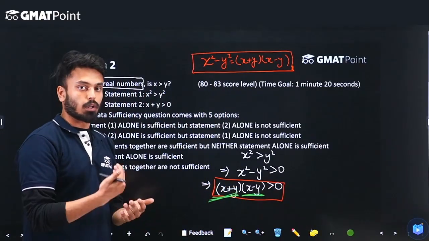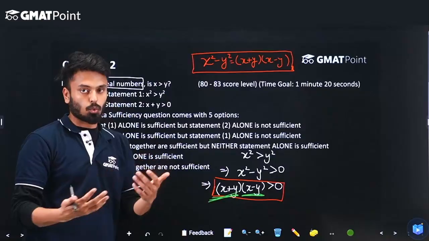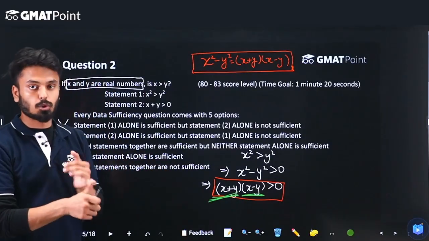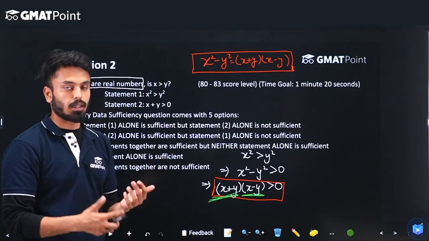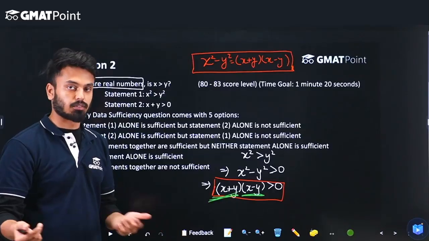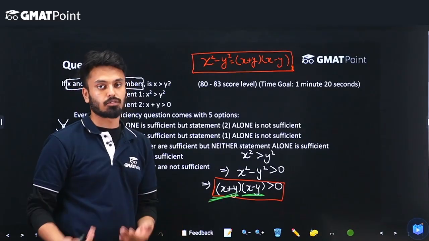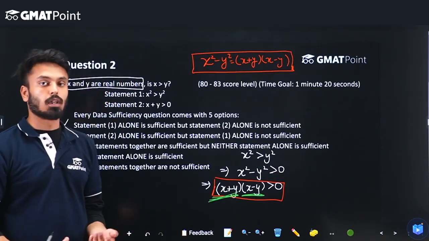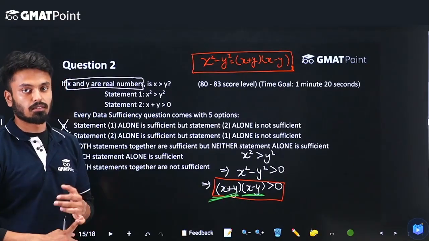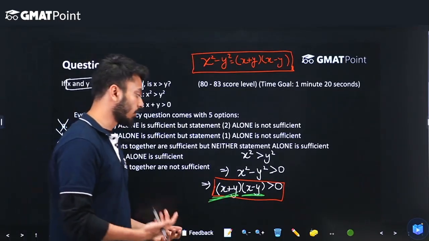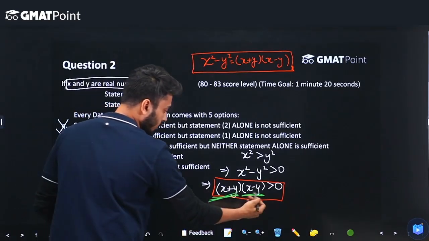The only way you can get the product of two numbers to be positive is if they are both positive or they are both negative. If they're both positive, the product's positive. That's fairly straightforward. If they're both negative, the negatives cancel out and you get a positive answer. But if only one of them is positive and the other one is negative, then the product ends up being negative. So this tells us that both of them must be positive.